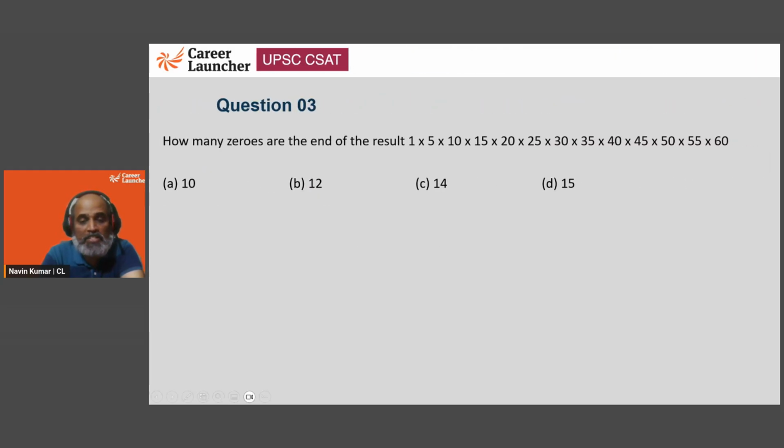Next, how many zeros are at the end of the result of 1 into 5 into 10 into 15 into 20 and so on up to 60?